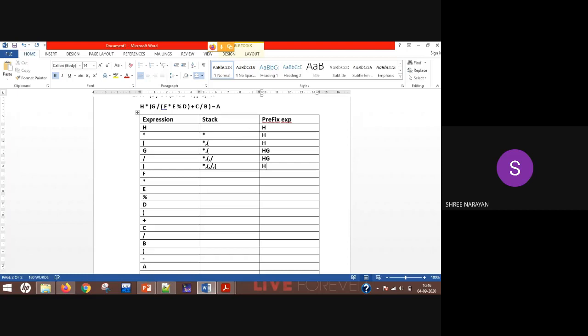Stack as it is, ma'am. Stack as it is. Okay. HGF. HCF. Okay. Star opening parenthesis, M, and star.